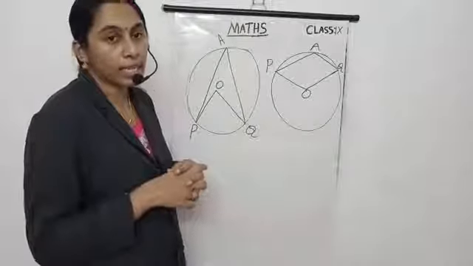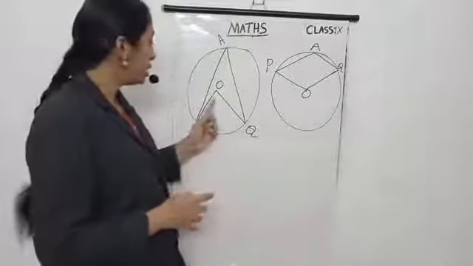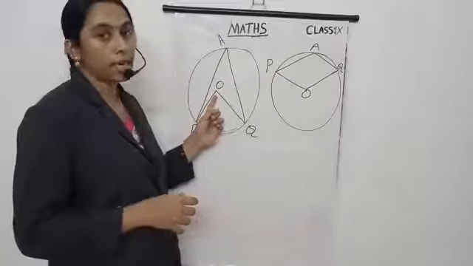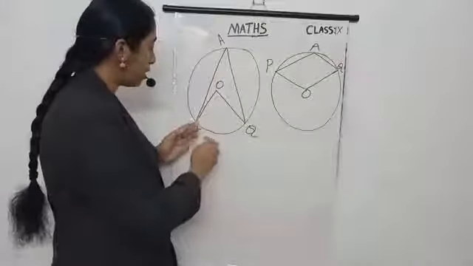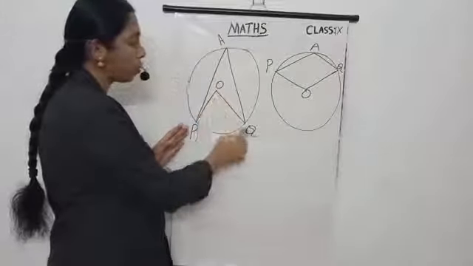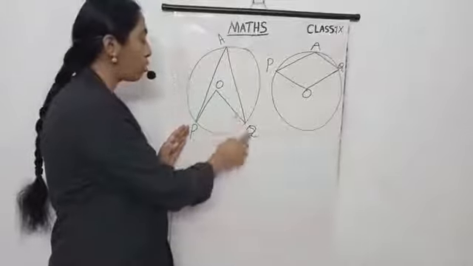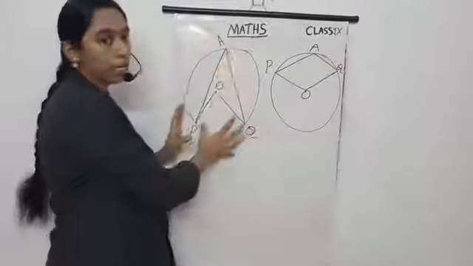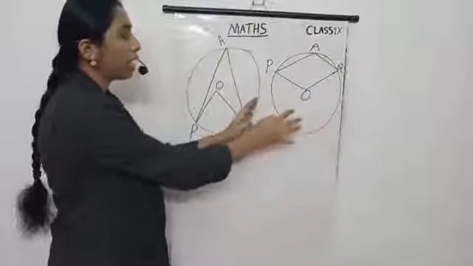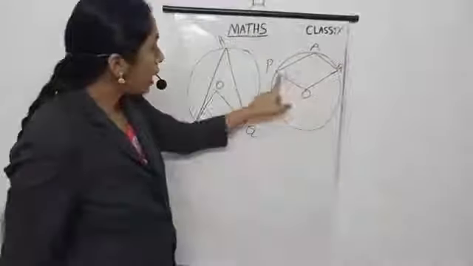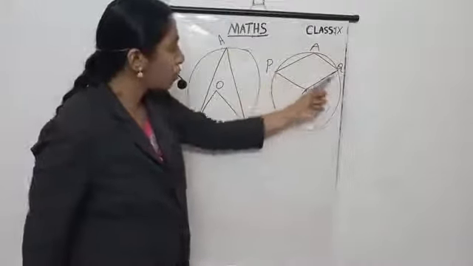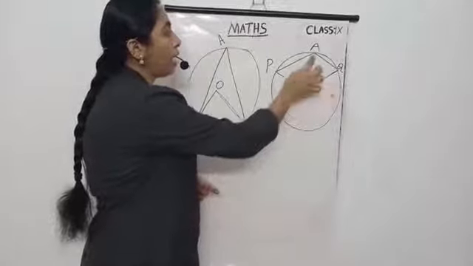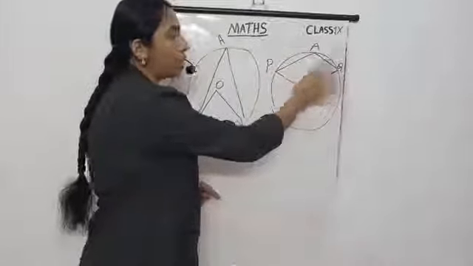So here the theorem says that this angle is double this angle. That means angle POQ is double of angle PAQ in this figure, and the same way consider this figure. Here angle POQ is double the angle PAQ.